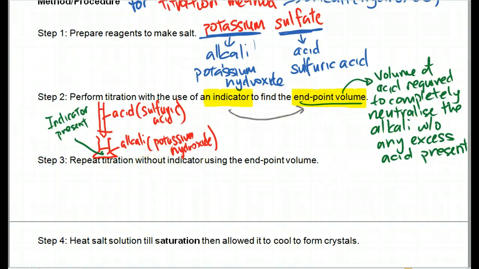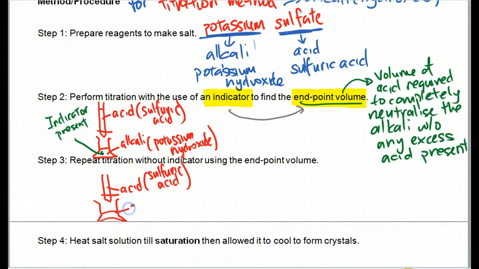Now, the next part is we're going to repeat the titration. So you're just going to draw the same thing again. The acid, in this case, is sulfuric acid. It will be titrated once again with alkali, potassium hydroxide.